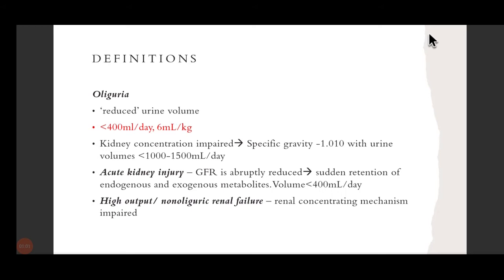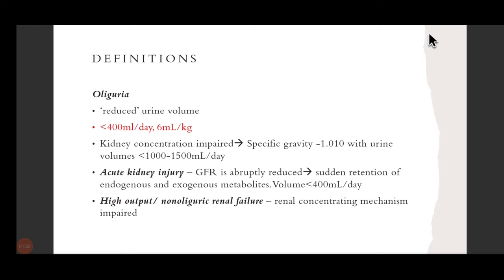So the definition that the output should be less than 400 ml is not exclusive. Even when the pathology increases or the kidney is damaged further, we see that the urine output may increase to 1 liter or 1.5 liters per day. However, the urine now has a specific gravity which is fixed at 1.010.